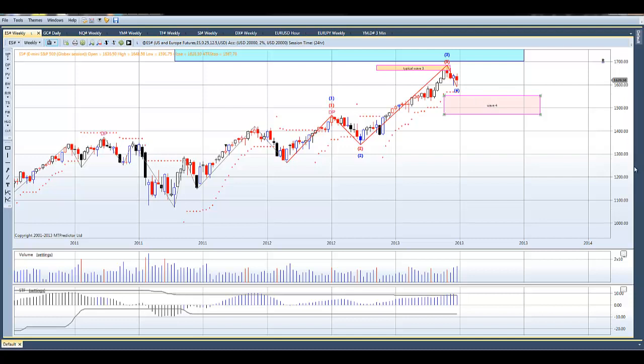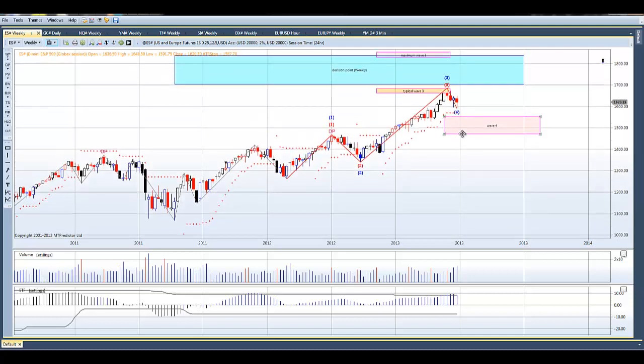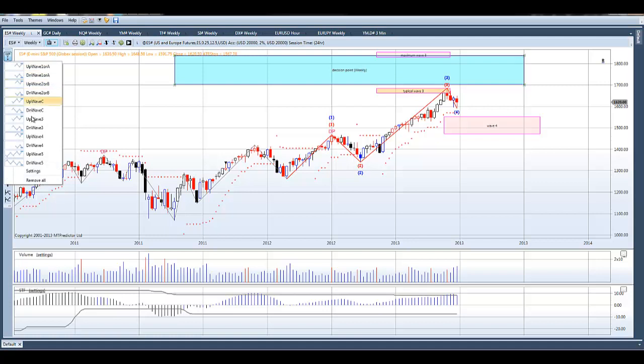So I'm anticipating that we could get another rally here into this weekly decision point resistance level. There's a big area, it goes from 1700 to 1800 plus. But let's project up wave 5 here using the tools in the software. I'm going to use our wave price target tools.